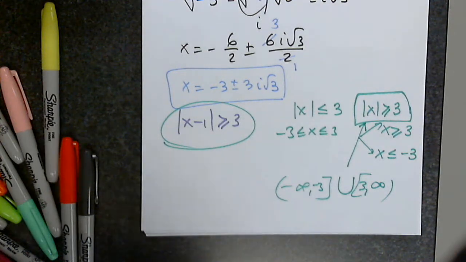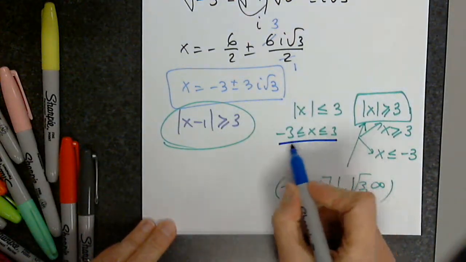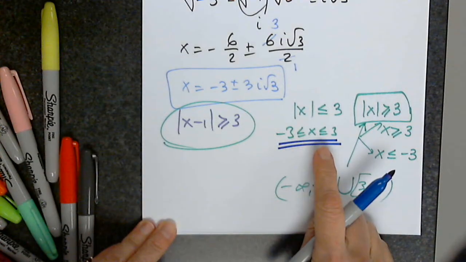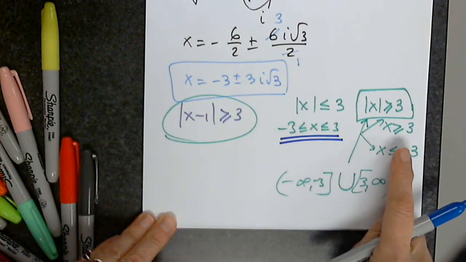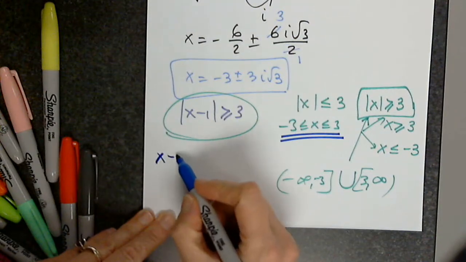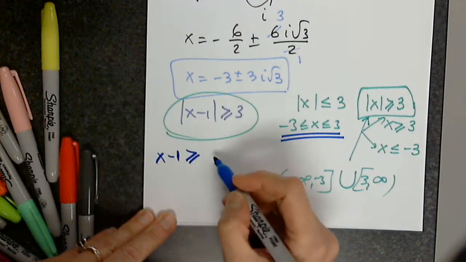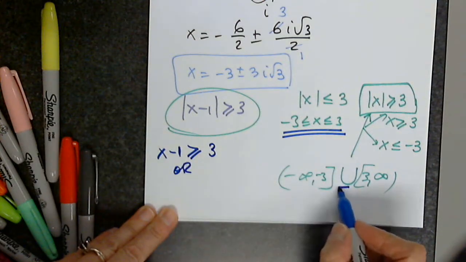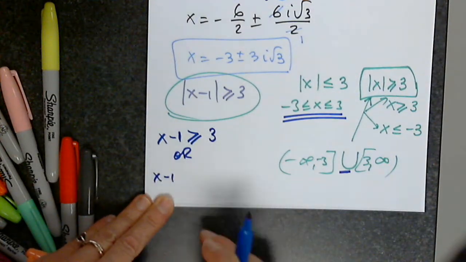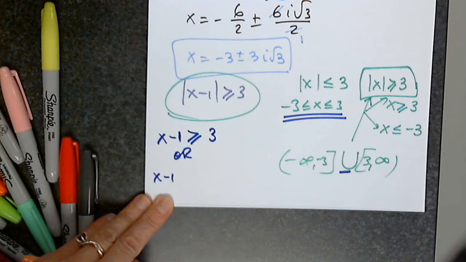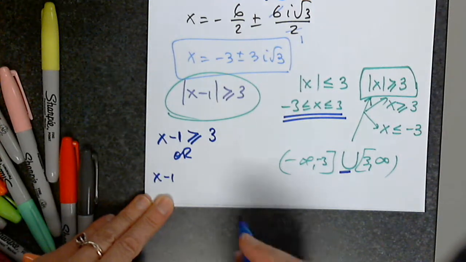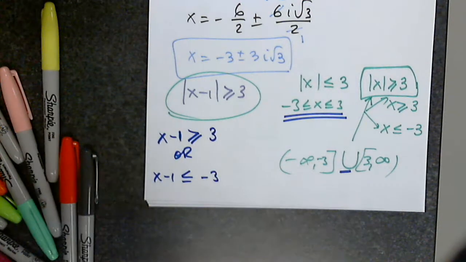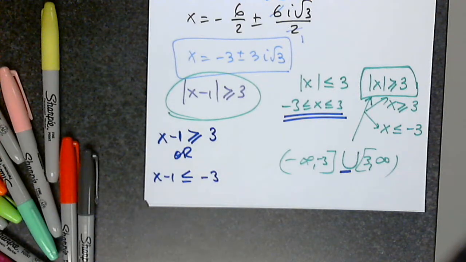So I have two options, and they cannot be presented in a chain. This is nice, but I can't use it. It has to be this. So x minus 1 must be greater than or equal to, or in other words, the union, x minus 1 must be, awesome, that's the outside, less than or equal to -3 or greater than or equal to 3.